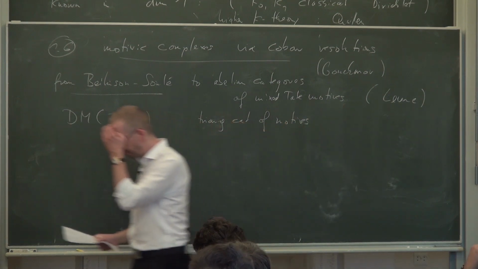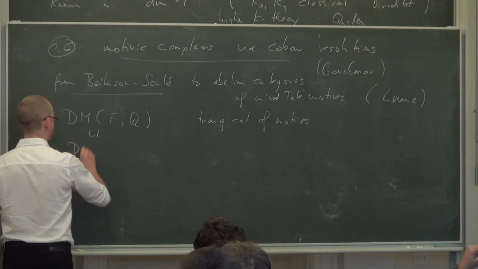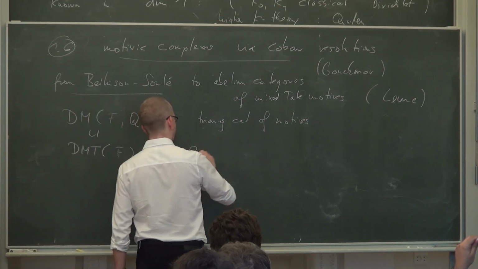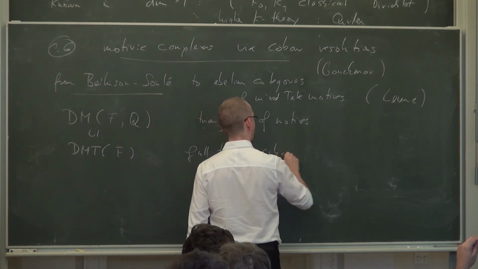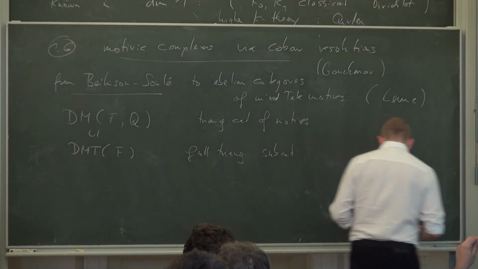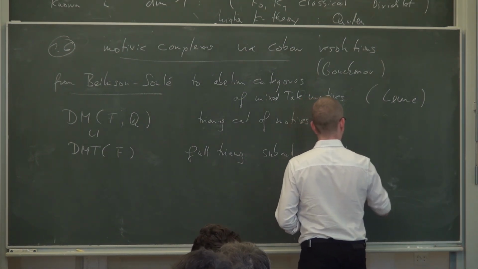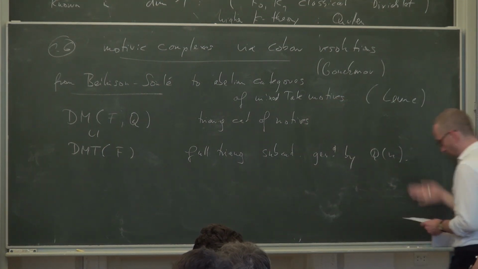And in there, we can consider DMT of F, which would be the full triangulated subcategory generated by the Tate motives, Q(n) for all n.